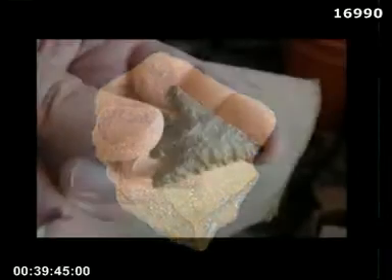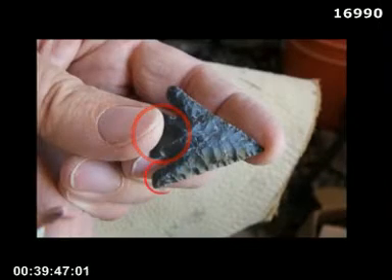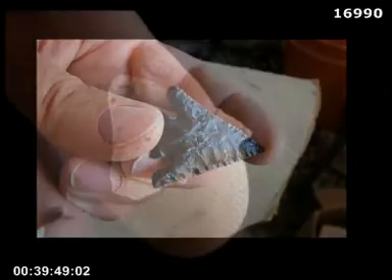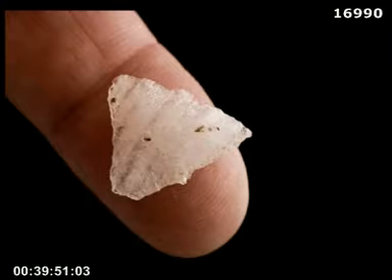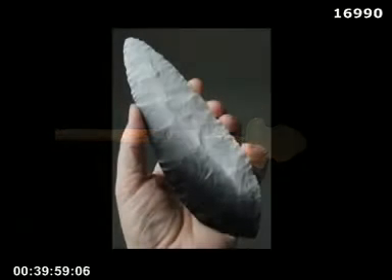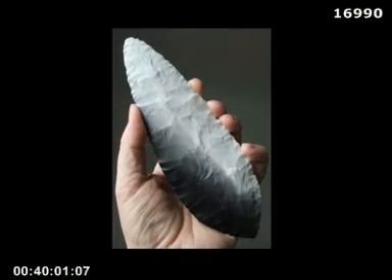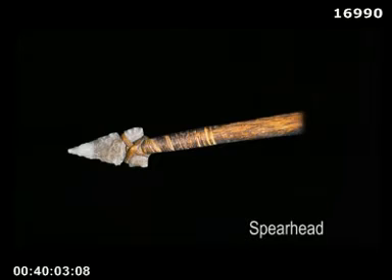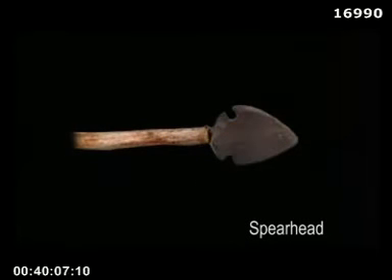Some have incipient tang and barb. Small, thin, leaf-shaped points could have served as arrowheads, whereas the larger ones could have been used as spearheads. These are found during the Middle Paleolithic and later periods.